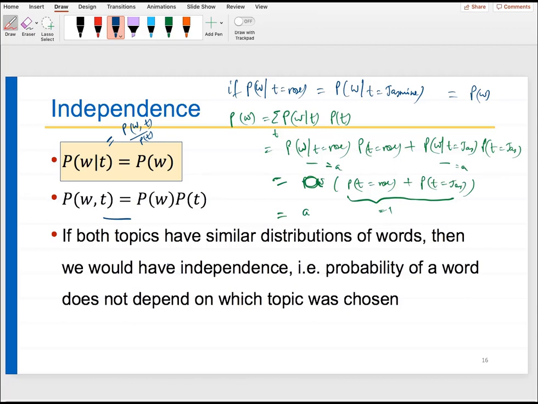You can decouple them as the product of distributions of the individual variables. So this is also an important observation. Read the comment. The comment says, if both topics have similar distributions of words, then we would have independence. That is, the probability of a word does not depend on which topic was chosen.